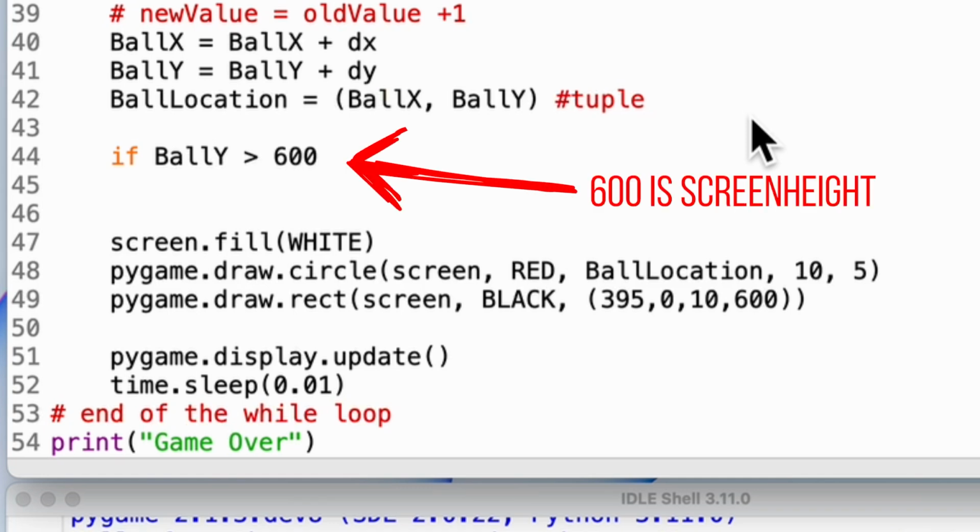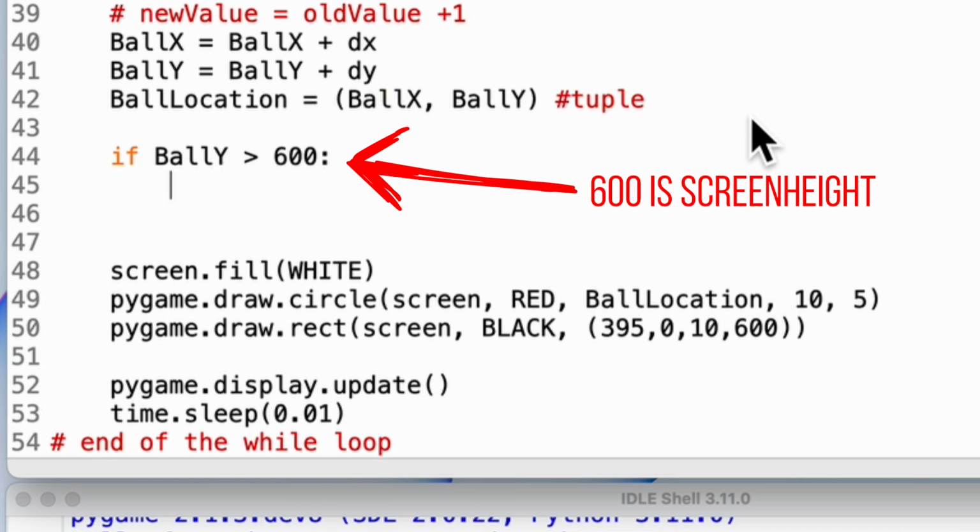Okay, so the ball y is all the way at the bottom of the window. Then, notice how I hit colon after that if, and it automatically scooched that over. We're going to say dy equals dy times minus 1.